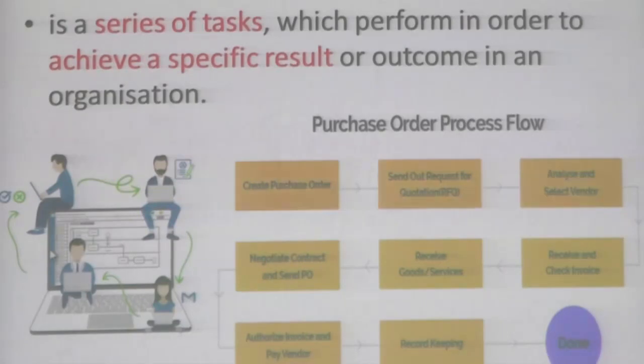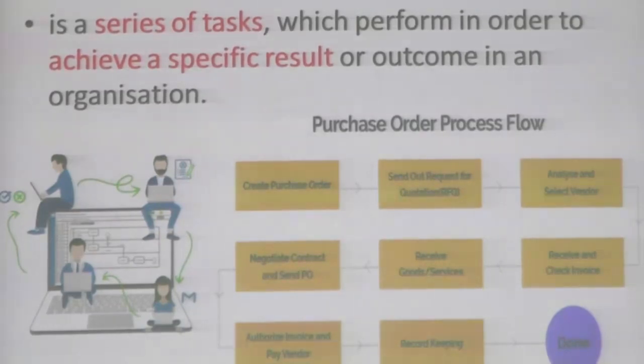That's a workflow system. As an example, a purchase order process flow: in the purchase order system, the workflow creates purchase orders and sends out the request for quotation. Quotation is requested, analyze and select the vendor, receive and check invoice, receive goods and services, negotiate contracts, negotiate with the supplier, then authorize invoice and pay vendor, record keeping and done.